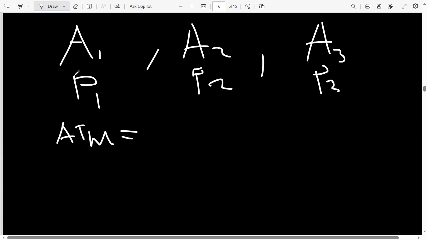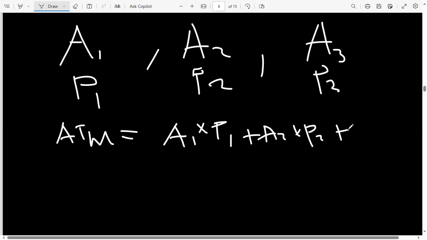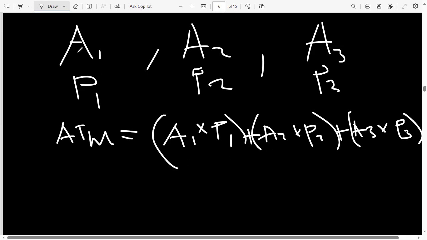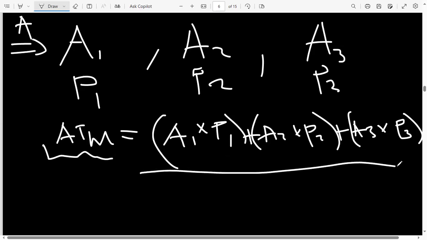To find the average atomic mass of these isotopes, we say A1 multiplied by P1, plus A2 multiplied by P2, plus A3 multiplied by P3. These are the 3 isotopes for this atom A that we have. To find the average atomic mass, we simply use this formula.